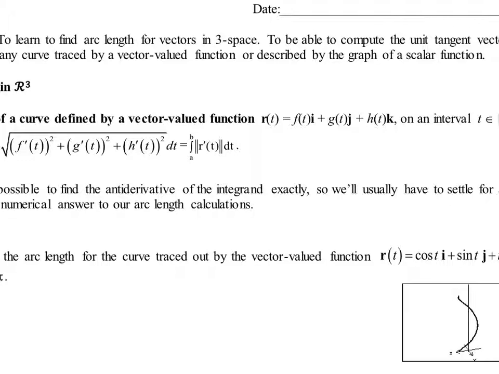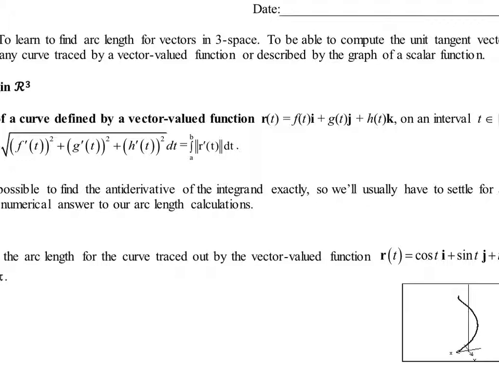If you really think about it, R of t is defined as f of t i plus g of t j plus h of t k. The derivative of R of t would be the derivative of each component. That's what we were talking about previously. So really all this would be the square root of those sums.